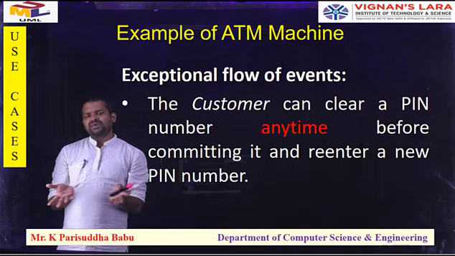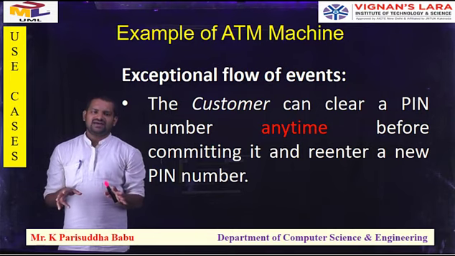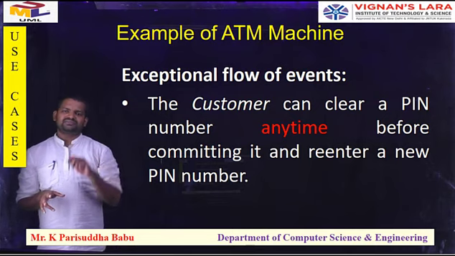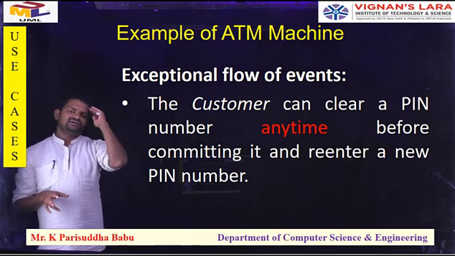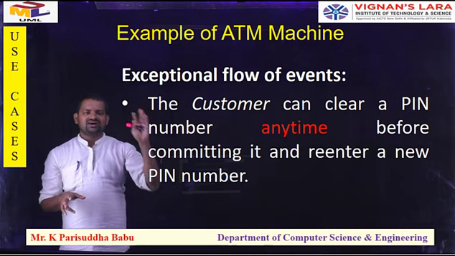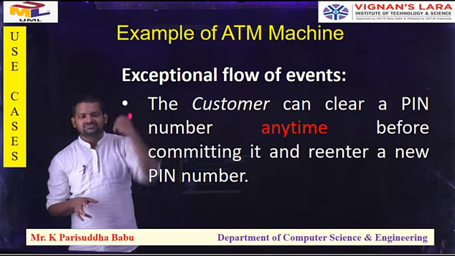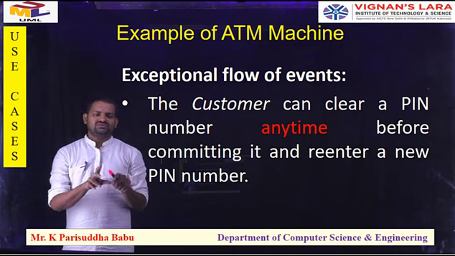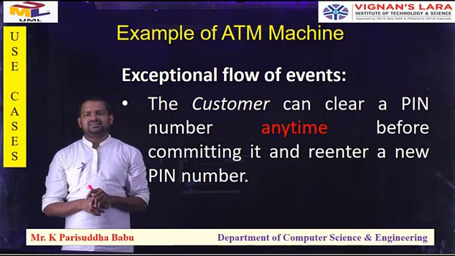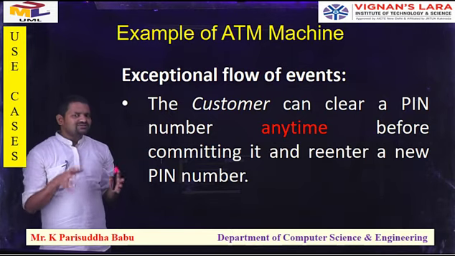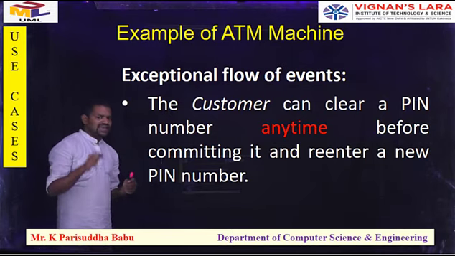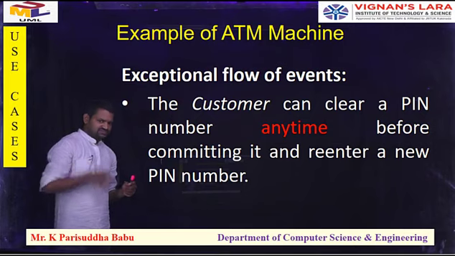Any number of times I can change that number and re-enter a new PIN number. Until re-entering a new PIN number, you can erase, or use whatever keys the keyboard on the ATM system gives. So that is also an exceptional flow of events.